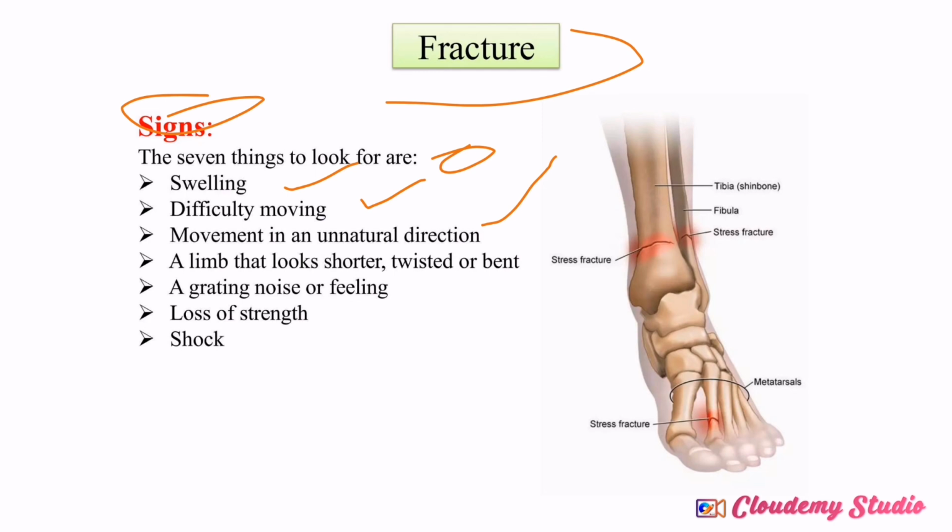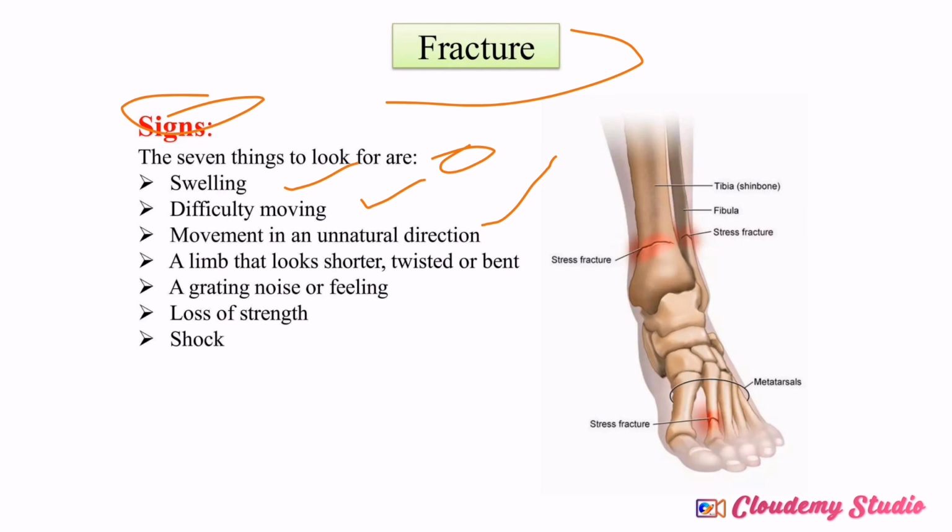If you tell the patient to try to move the hand to the left, or up, or back, you find that the patient has difficulty doing that. By doing so, you'll be able to tell that this person has a fracture. So these are the signs that you can tell.